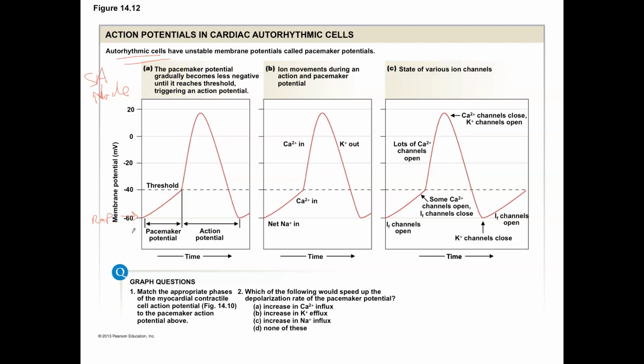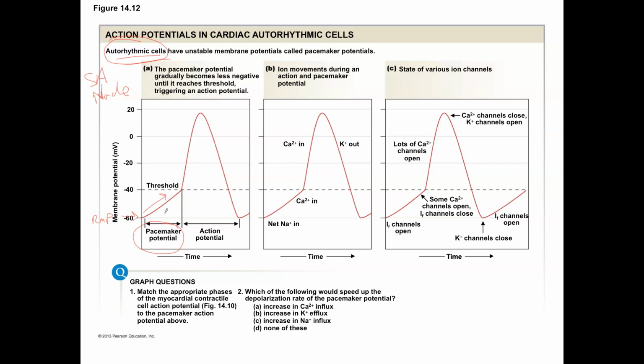It doesn't stay at negative 60 millivolts. In fact, it slowly moves towards threshold on its own. That's why these are autorhythmic cells. They don't need the nervous system in order to get to threshold and create action potentials. This unstable resting membrane potential and this slow drift to threshold is known as the pacemaker potential.